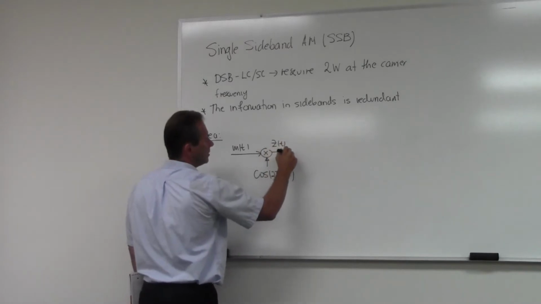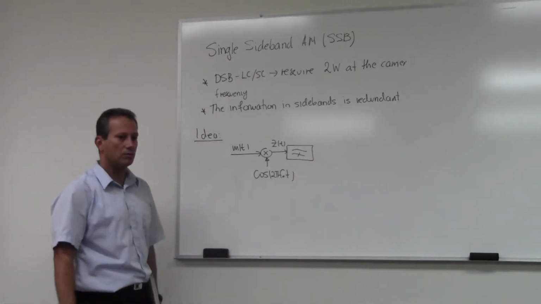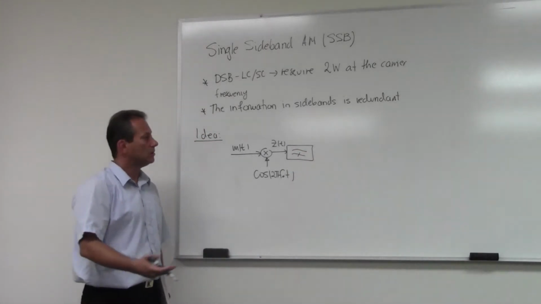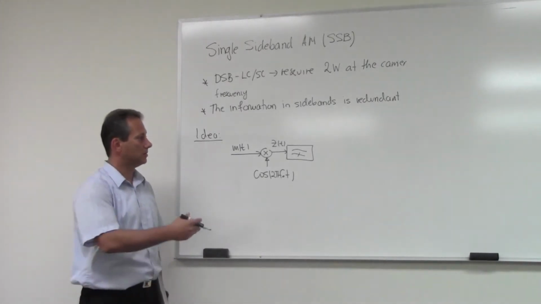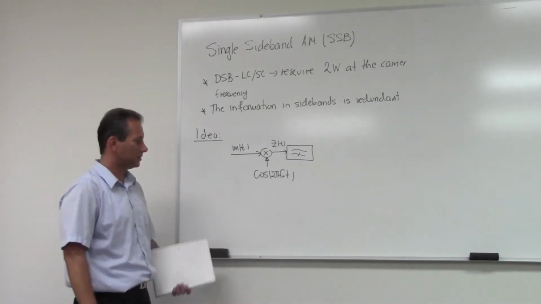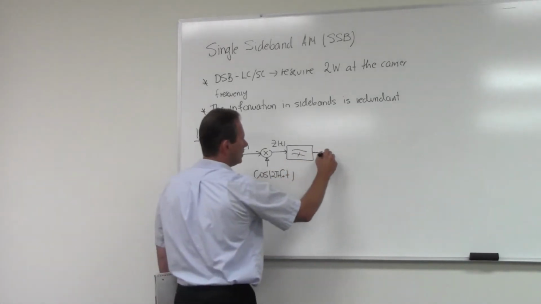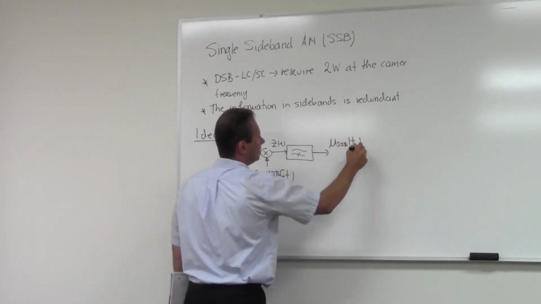And now let me take that signal and remove one of the sidebands. Let's say I use a high pass filter to remove the lower sideband, but you can use a low pass filter to remove the upper sideband just as well. The math is going to be the same. It's just that for the derivation I need to pick one to demonstrate what is going to happen. And here I'm going to get u single sideband of t.